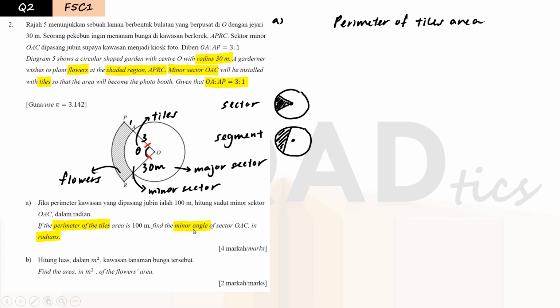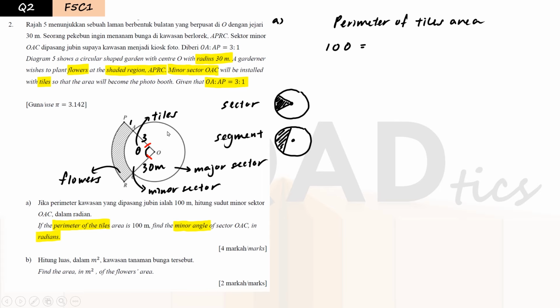On the left side of the equation, I am going to put the value that is already given, which is 100. And on the right side, we are going to find the perimeter based on this diagram. Imagine we don't have the 100 here. How are we going to find the perimeter of the tiles area? We need to identify the lines.